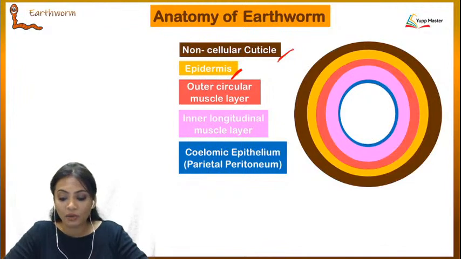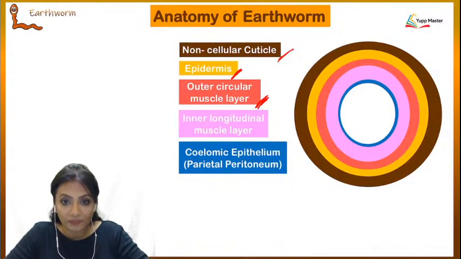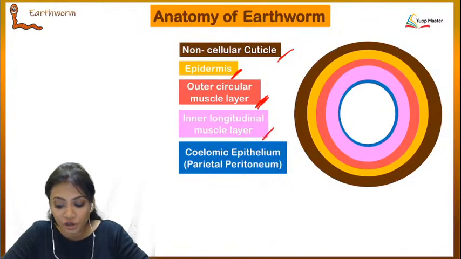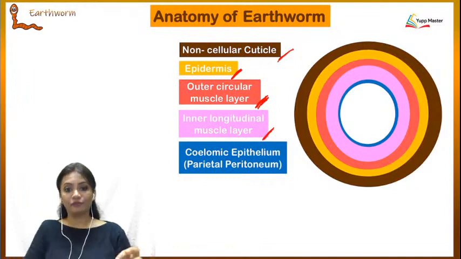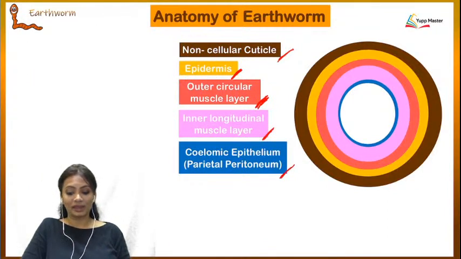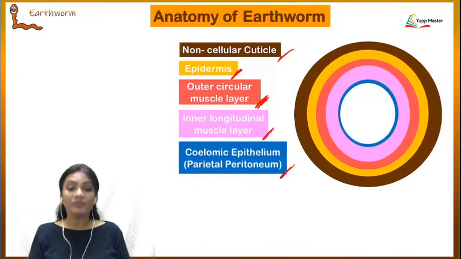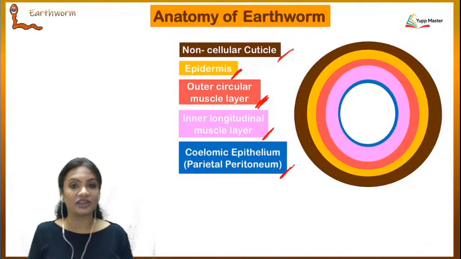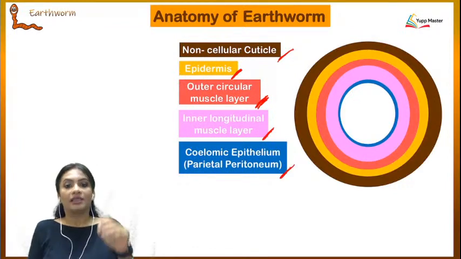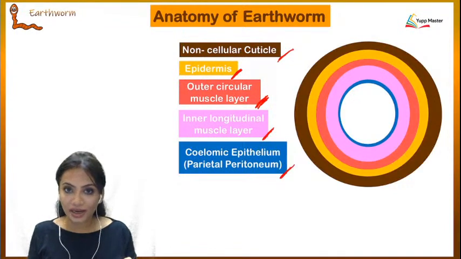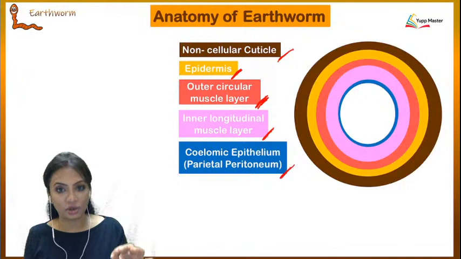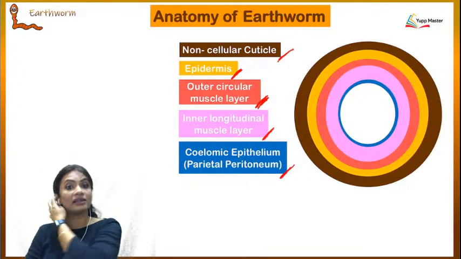Third, outer circular muscle layer. Fourth, inner longitudinal muscle layer. And fifth, the coelomic epithelium. That coelomic epithelium is covering the coelom, inside which there will be the digestive system of this earthworm. This epithelium can be called the parietal peritoneum.